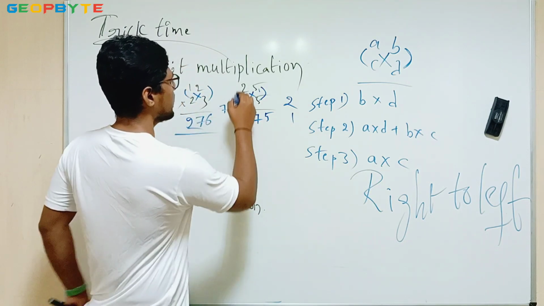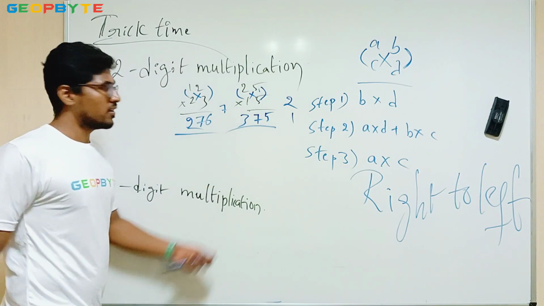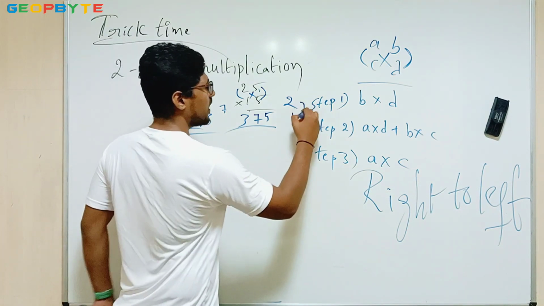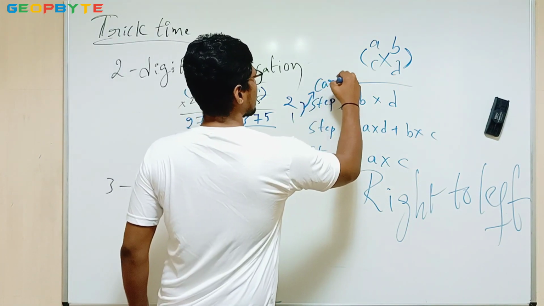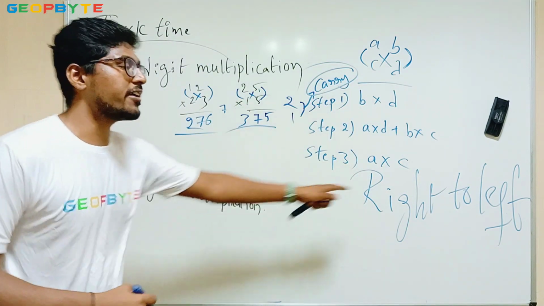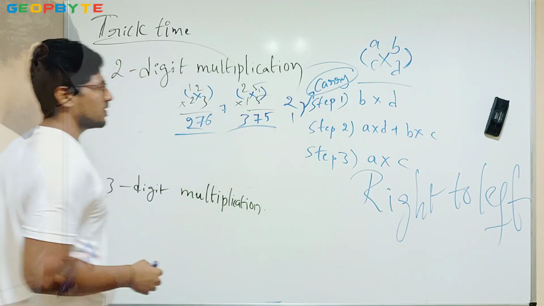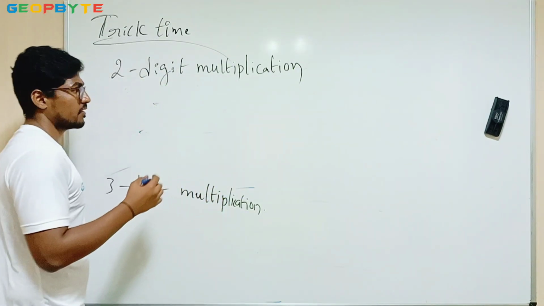Then 2 into 1 is 2, plus 1 is 3, and 375 should be our answer. So 2 and 1 are the carries here. You have to add them to the next multiplication from right to left. That is 375 in here.